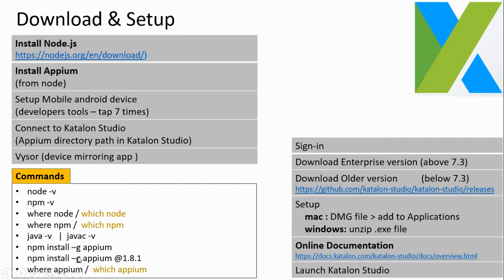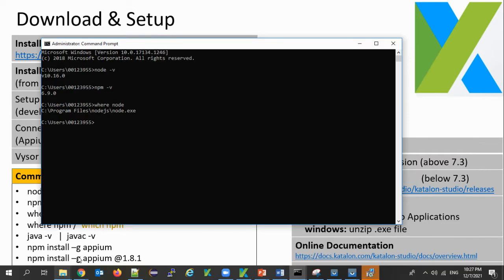So we will quickly go to the command prompt and try to install Appium on our machine. The command would be npm install -g appium. As of now, I don't want to install any specific version but the latest version, so I should be okay with this, and I will hit enter.